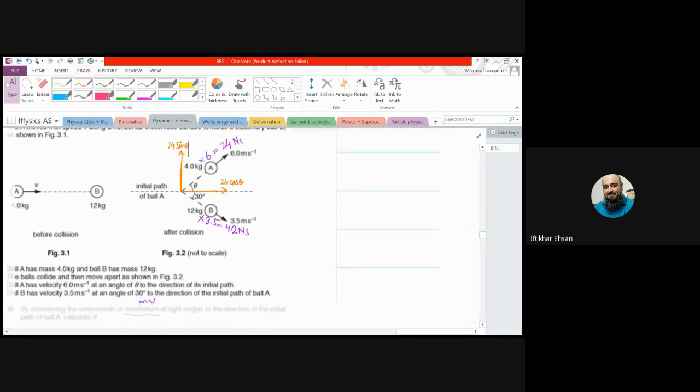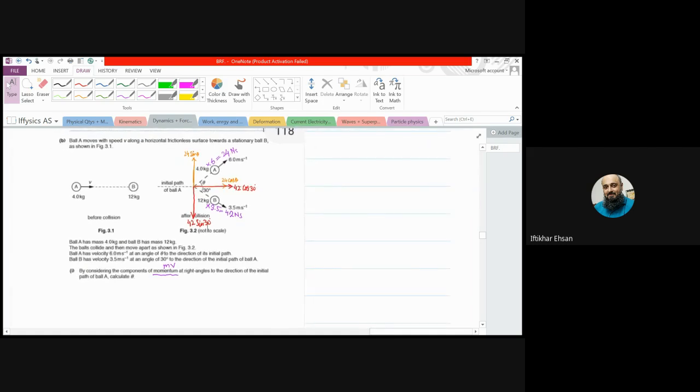Now, for the lower vector, it is 42 and it will have a horizontal component of 42 cos of, here the angle is 30 degrees, and its vertical component will be 42 sine of 30 degrees, right?